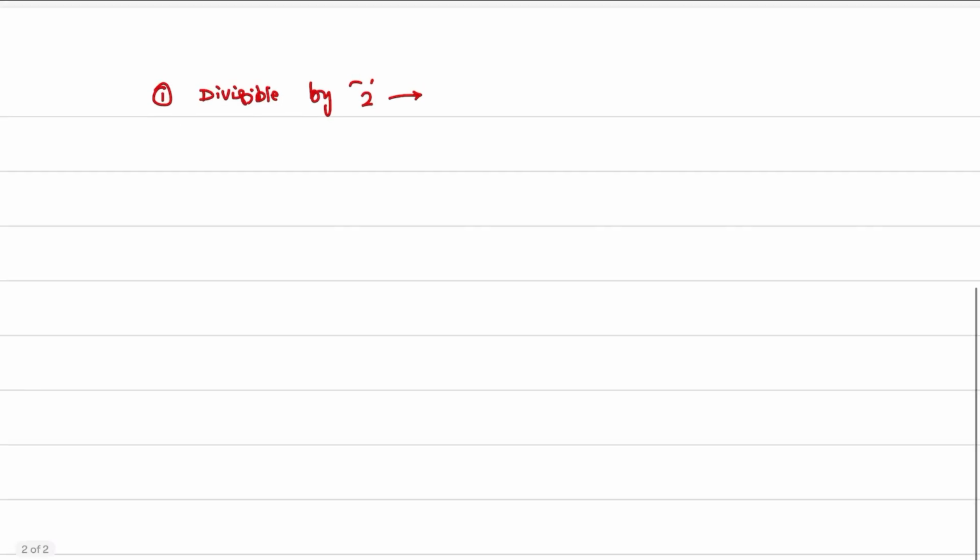First step. We have to check whether it is divisible by 2. A number can be divisible by 2 only if it is an even number, or ends with 0.